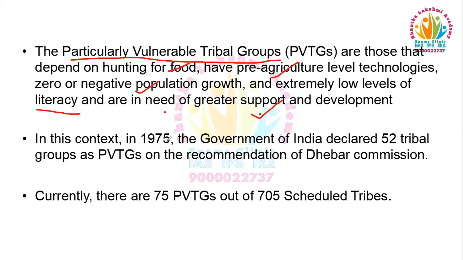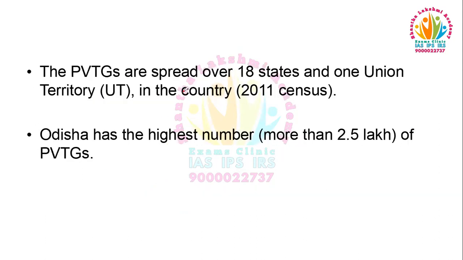The Government of India in the year 1975 declared 52 tribal groups as PVTGs on the recommendations of the Dhebar Commission. Currently, we have 75 PVTGs. These PVTGs are spread over 18 states and 1 union territory in the country as per the 2011 census. Odisha has the highest number of PVTGs.